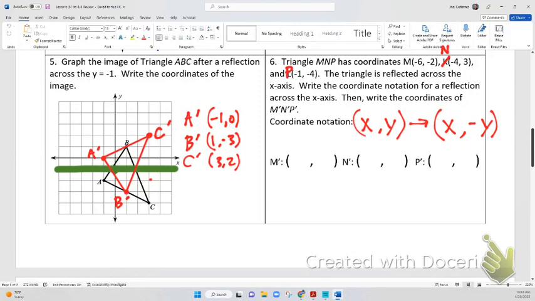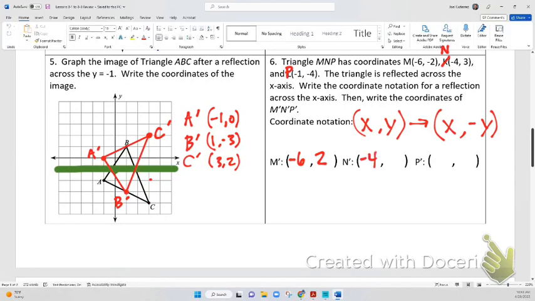So if we start with our very first coordinate point, which is M, we have -6, -2. So the -6 stays the same because that's the x. But the -2 changes to the opposite. So what's the opposite of a -2? A +2. We do the same thing for the rest of them.